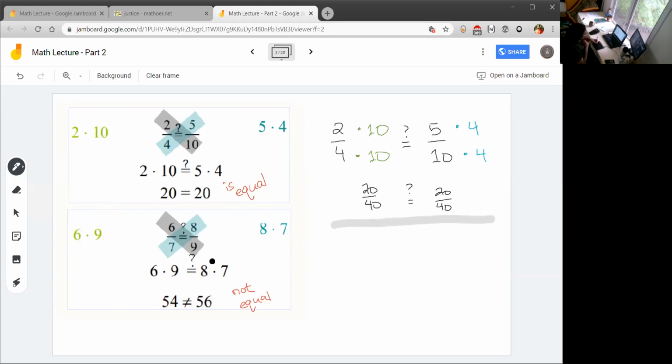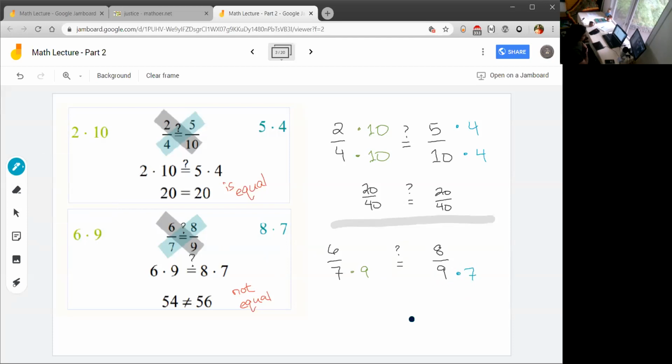Similarly, for the bottom problem, if I have 6/7 and 8/9, are those the same? Well, I can't compare sevenths and ninths if I'm very new to fractions, but I know how to make them the same. I can say let's times 9, so that whatever that is, it's going to match. If I do a times 7 here, they're both 7 times 9.